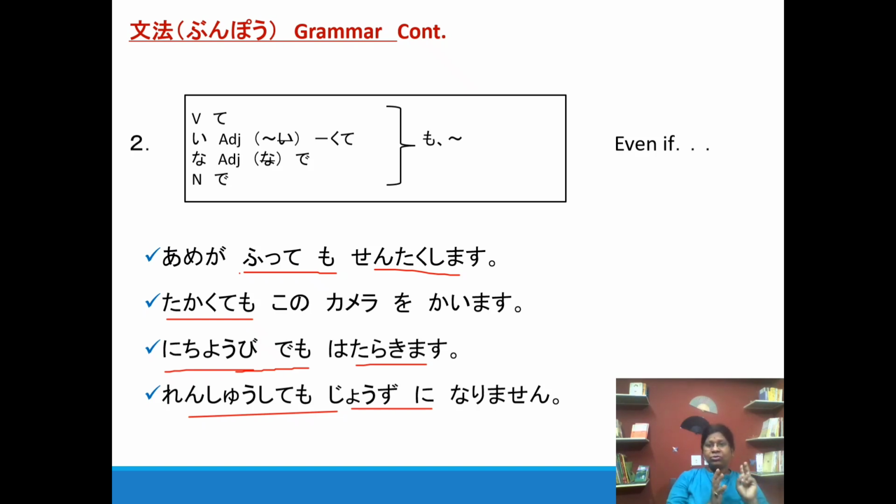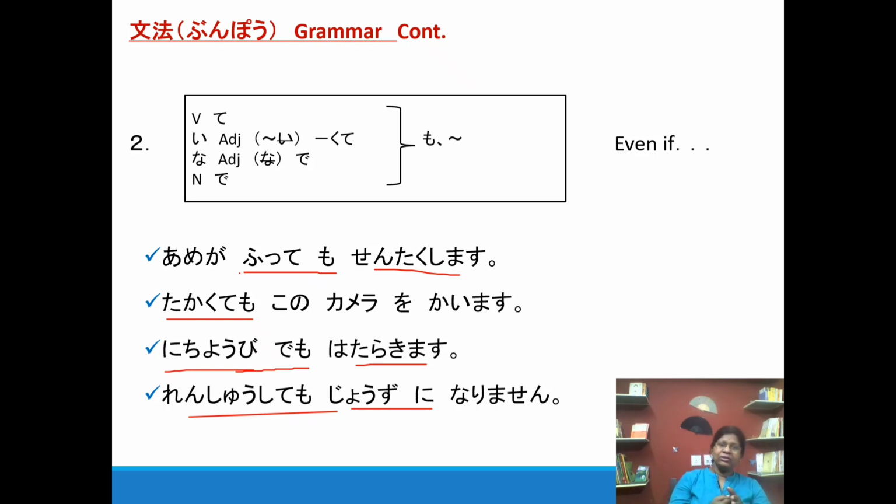We learned two conditional forms in this lesson. One is ra, which takes plain past form in verb, adjective, na adjective and noun. And the second one we learned is mo, where verb takes te form, i adjective kutte, and na adjective and noun take de after them.